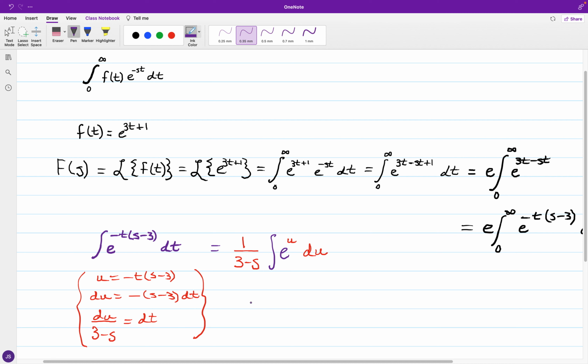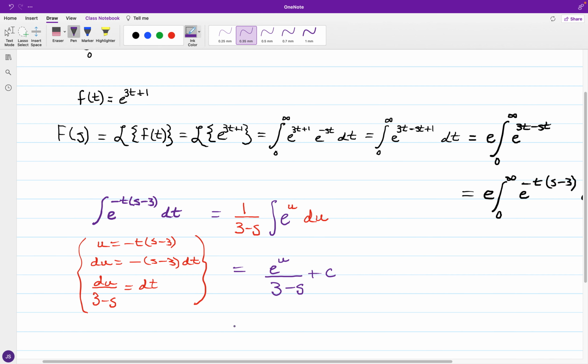Right now we have 1 over 3 minus s times the antiderivative of e to the u du, which is e to the u plus c. So collectively, we have e to the u all over 3 minus s, followed by the constant.